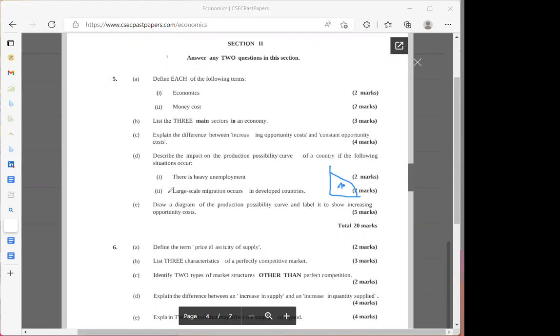And part 2, large scale migration occurs in developed countries. So they should have specified emigration or immigration, because are we the country they are migrating from? It's not worded the best.